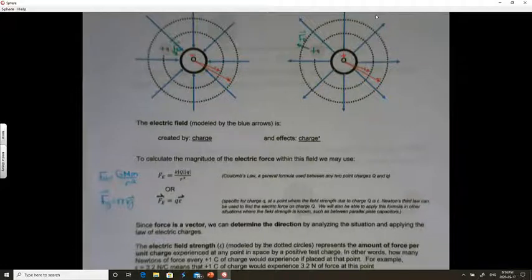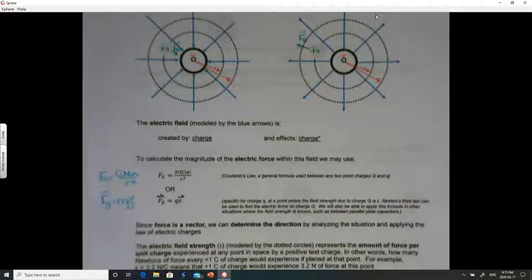Now, what is the electric field strength? Well, the gravitational field strength, little g, tells us how many newtons of force every unit of mass would experience at a specific point. And the electric field strength is the same idea, just with charges instead of mass.